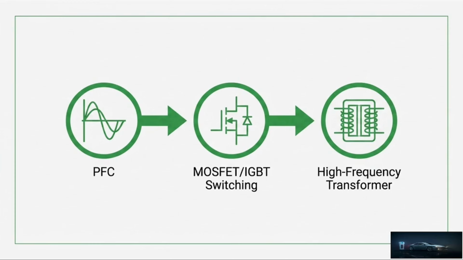That is our main intention, to make the transformer as small as possible so that it can be easily portable. For a smaller power transfer requirement, we need a smaller transformer.